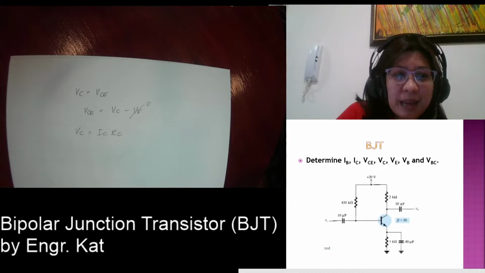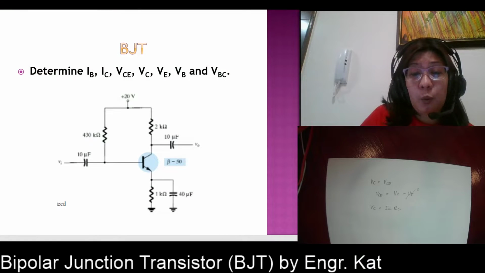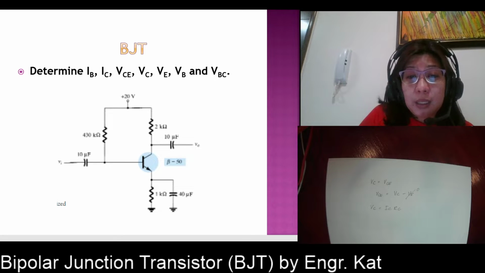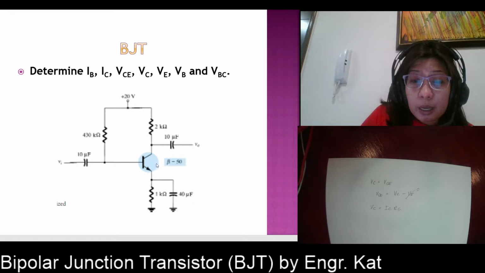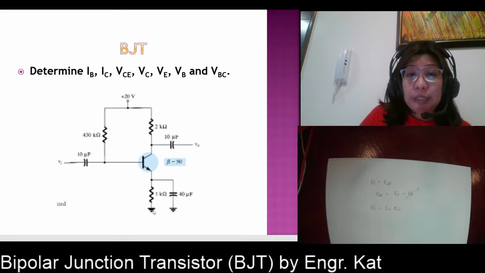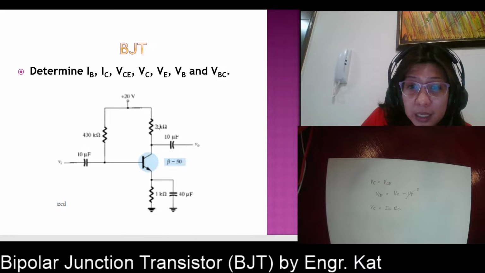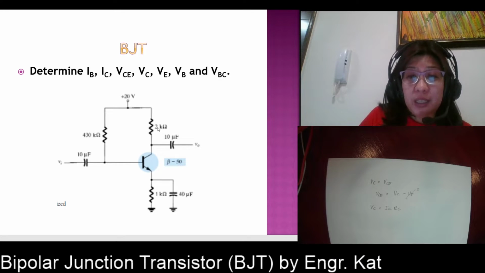Just like what we learned during your circuit analysis. But let us analyze first, what is VC? Where is VC, by the way? VC is the voltage across the collector and the ground. Collector going to the ground. And when we say VC is equal to ICRC, this is the one that you are computing for, IC multiplied by RC.